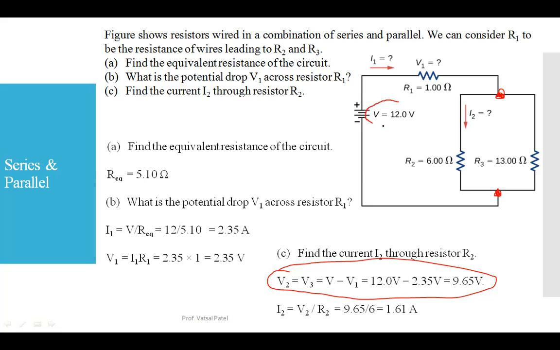We have the voltage given over here. We have the voltage drop across this resistance of 2.35 volt. So whatever voltage you have between this branch, or across these two resistances, that we identified over here is 9.65 volt. And then after I just apply Ohm's law. That's it. Okay.